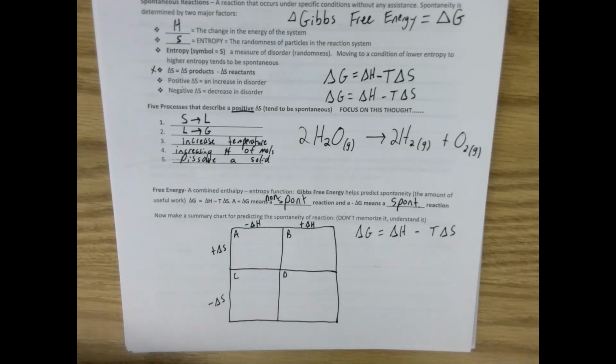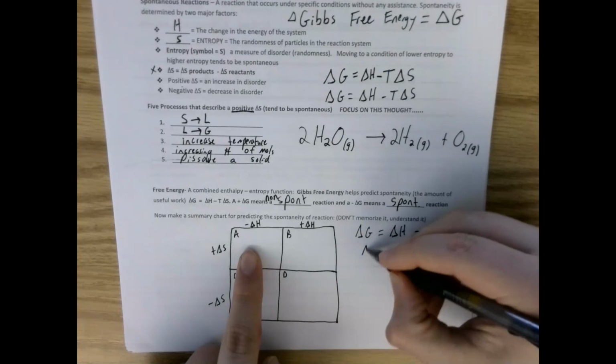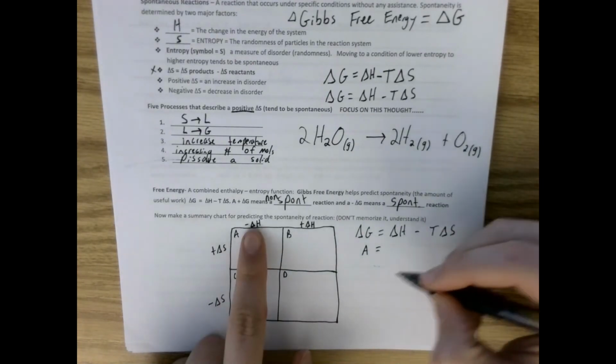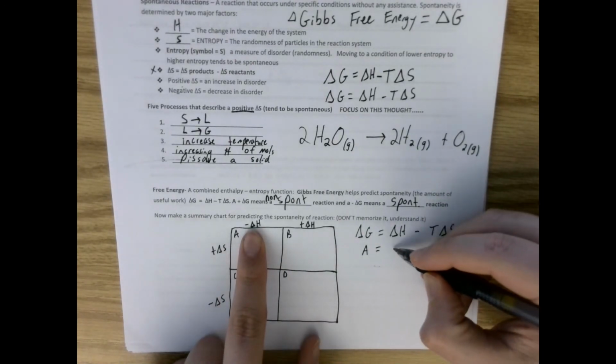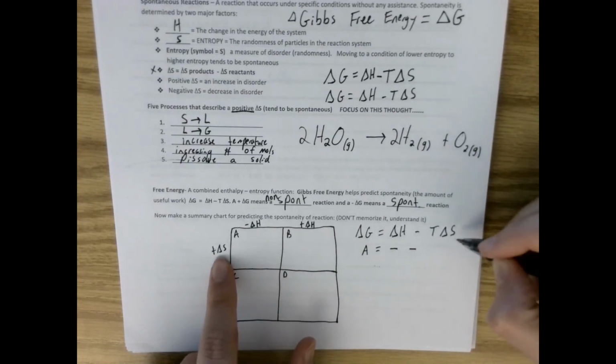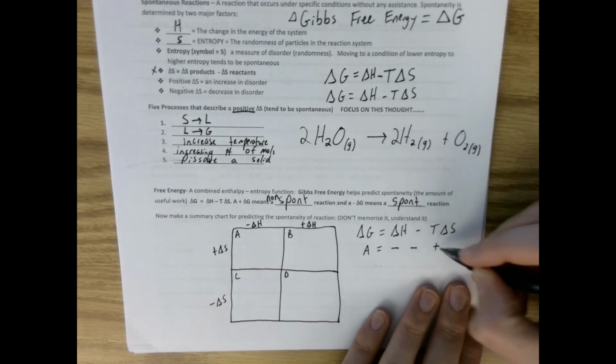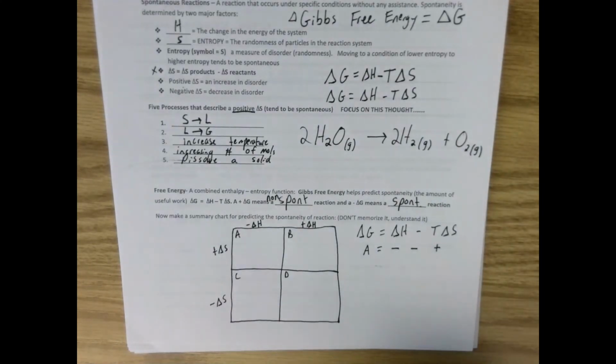Okay, so let's go through these combinations one at a time. So for box A, what is the sign for delta H? Negative. So a negative minus, what's the sign for delta S times T? It's going to be positive. So what is a negative minus a positive going to be? It's going to be a negative.